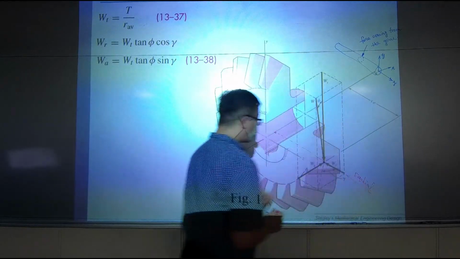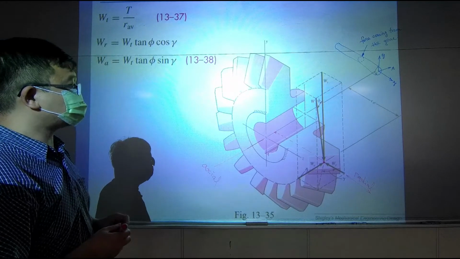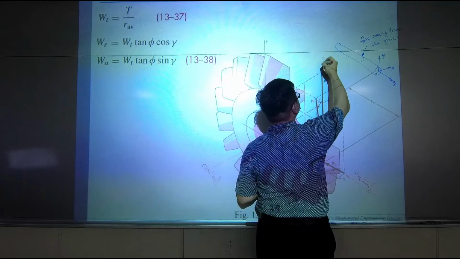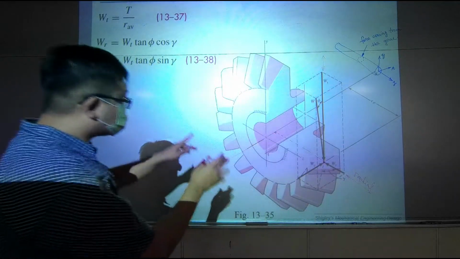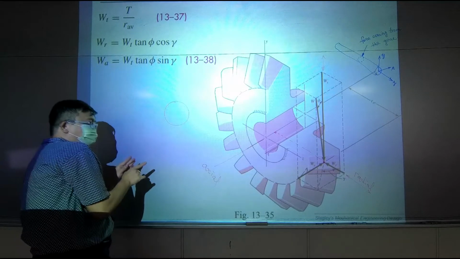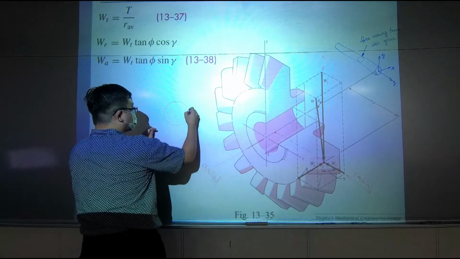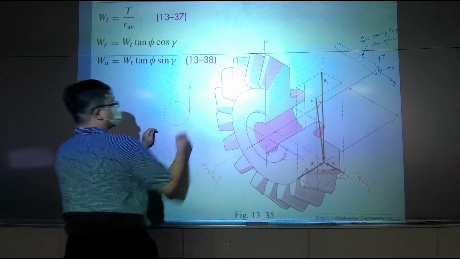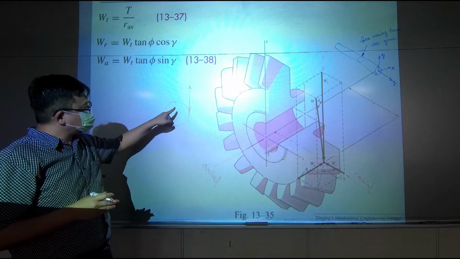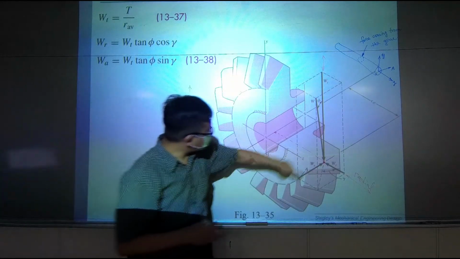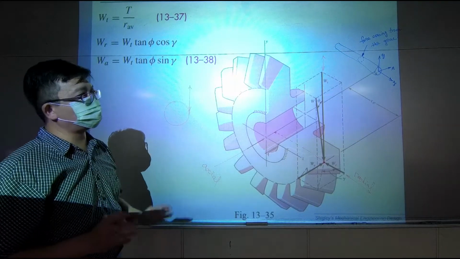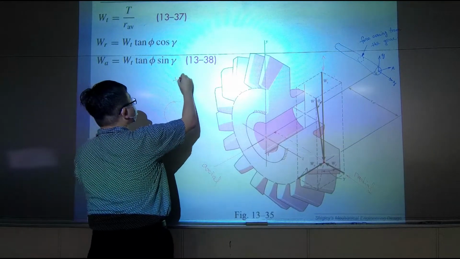Okay? And there is one more direction, which is this direction. So what is that direction? That direction is like a tangent direction. If you view from the side, it's like this direction. Okay? It's like talking about the forces that are tangent to the circle right here. And we usually call this kind of direction the transverse direction.